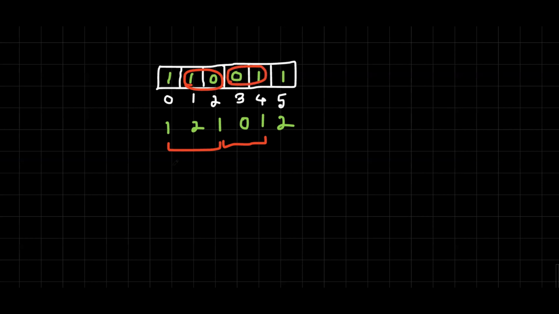Similarly, this portion has equal number of counts in its left side and in its right side. So we can say that this entire portion can contain another balanced subarray. Again, this portion has the same count value in the left side and in the right side.